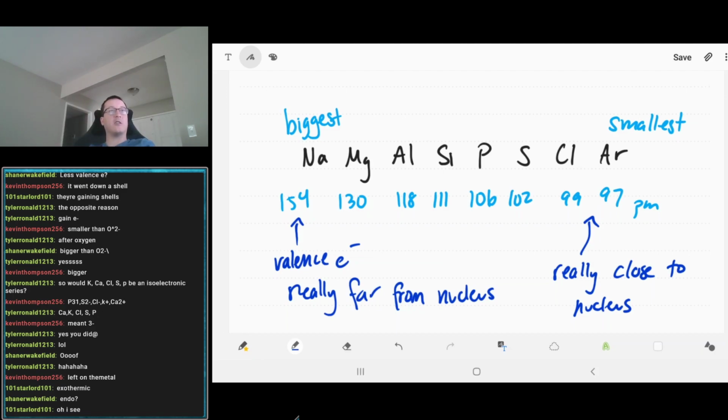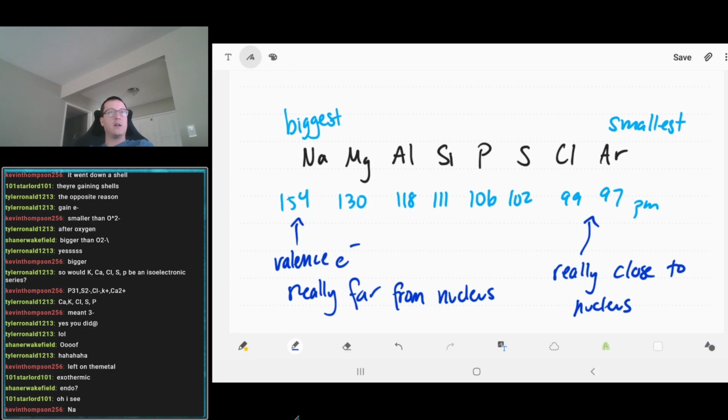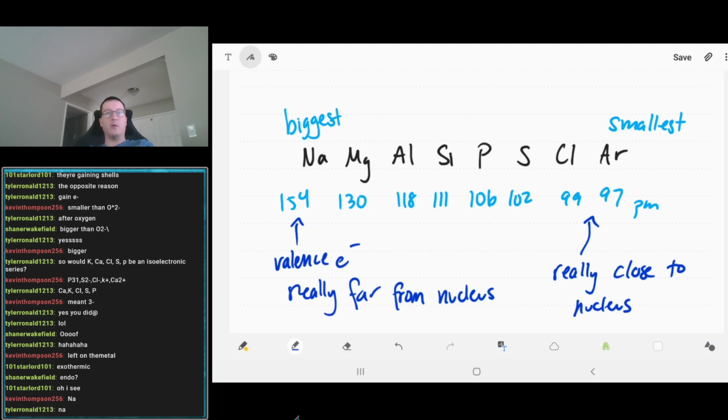We contract our radius. We've pulled in our valence electrons close to the nucleus. And so looking at this, which one do we think it's going to be easier to take an electron from? Yeah, it's going to be sodium, right? The sodium is really big, so it's not as attracted to the nucleus, so it would be easier for something else to just knock it out of place or to take it from it.